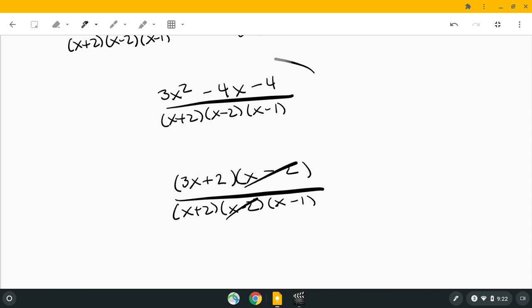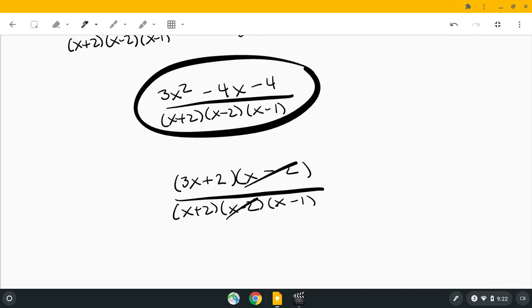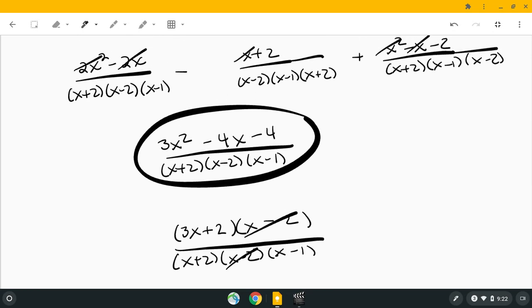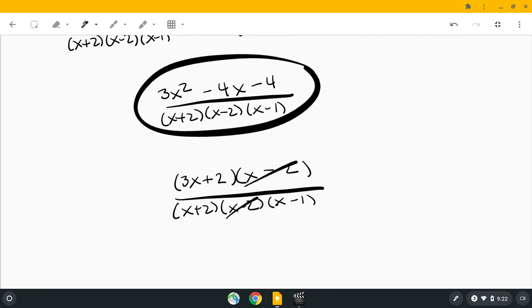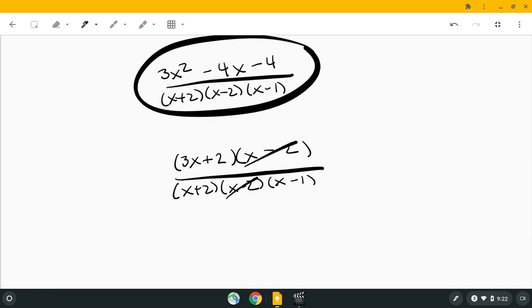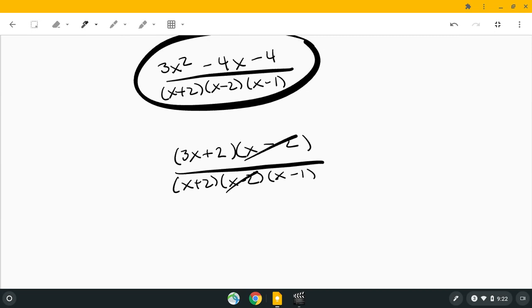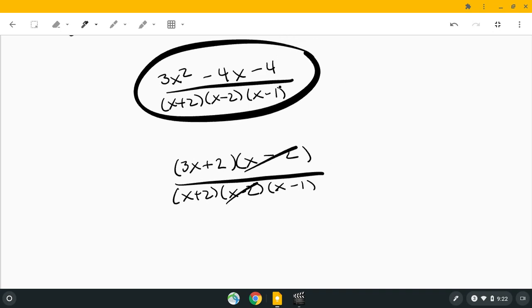So we can see here that this is the answer we got, but we can simplify that answer. Okay, so that's why it's important to, number one, leave your denominator in factored form and make sure once you get your answer that you factor your numerator to see if anything cancels like it does here.